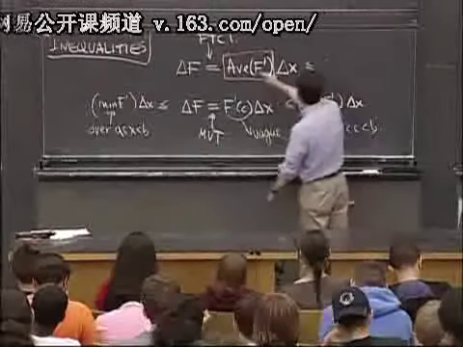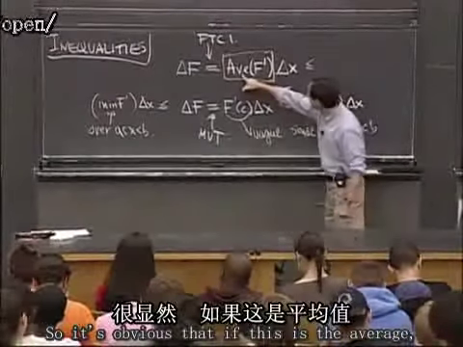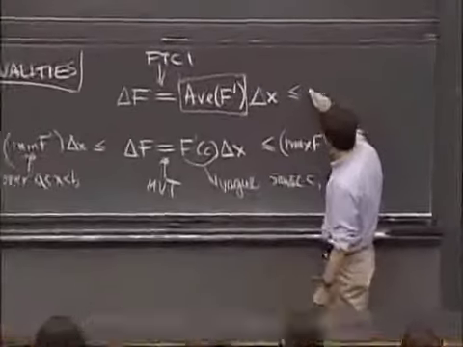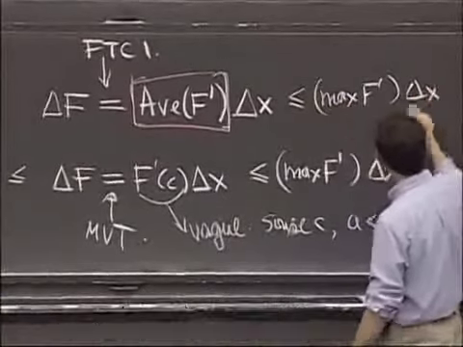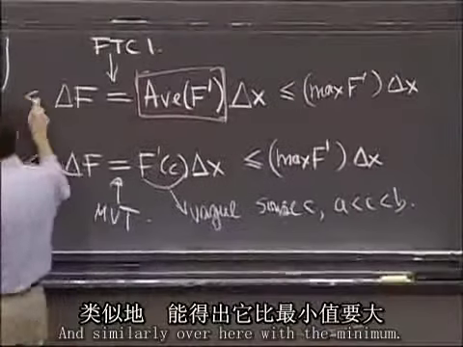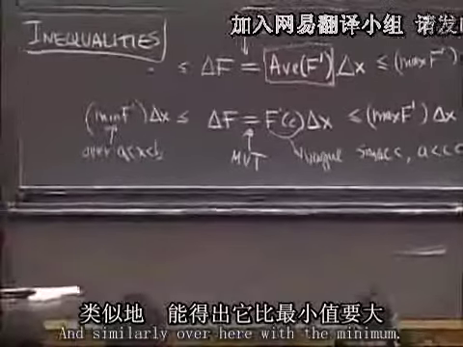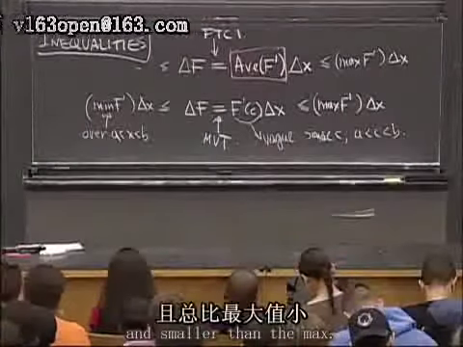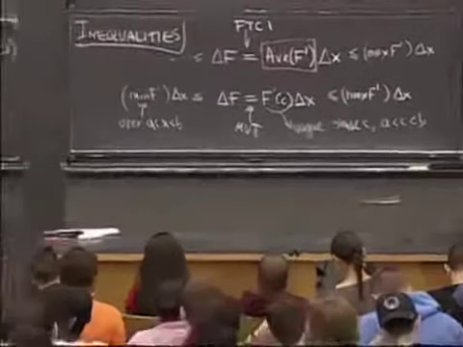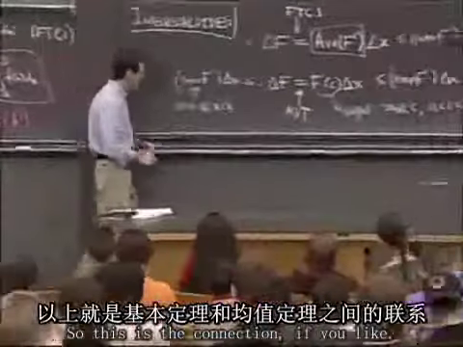It's obvious that if the average is less than the maximum, it works just as well to draw this conclusion, and similarly over here with the minimum. The average is always bigger than the minimum and smaller than the maximum. So this is the connection, if you like.